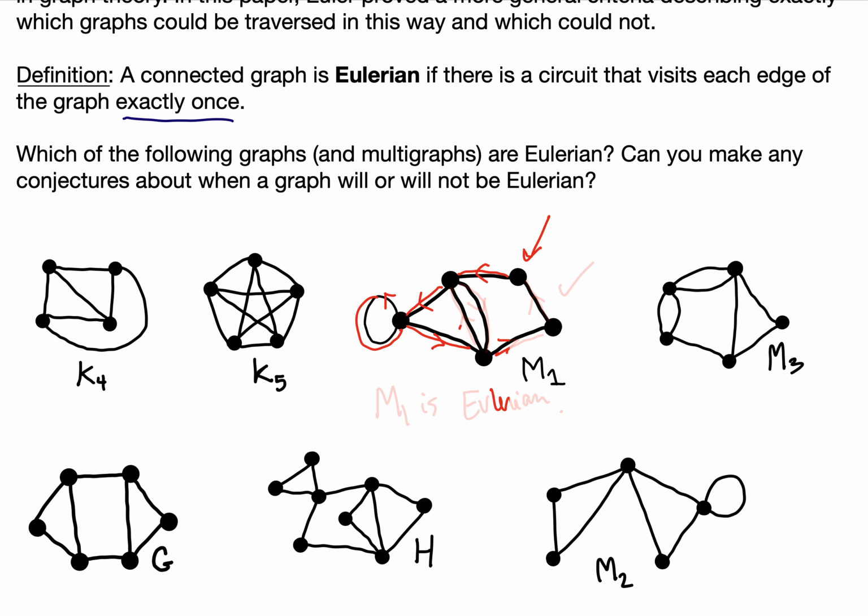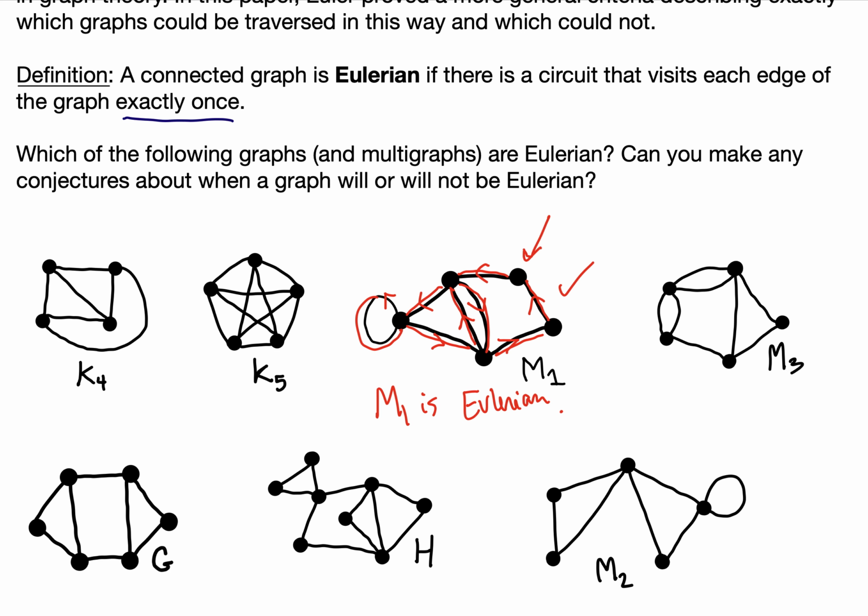It doesn't really matter, let's go this edge and then this edge, and I can continue, and this edge, and yes, I have done it. So I have gone through this graph using each edge exactly once and ended where I started. So this tells me that M1 is Eulerian.